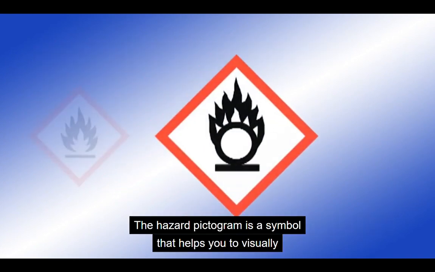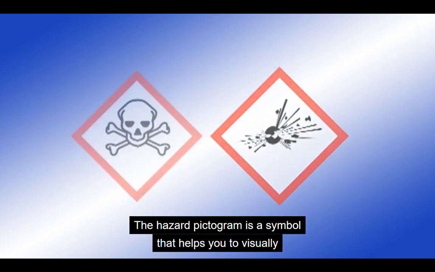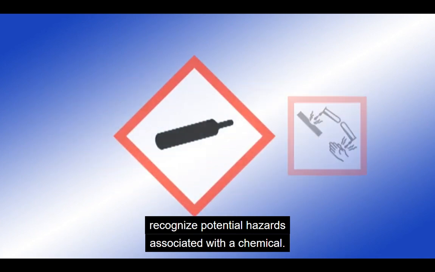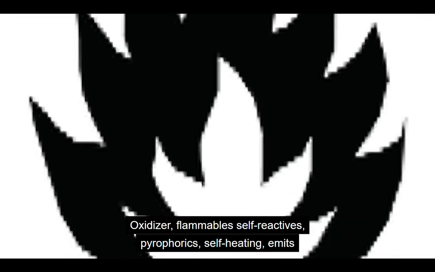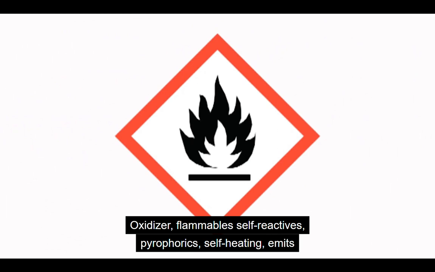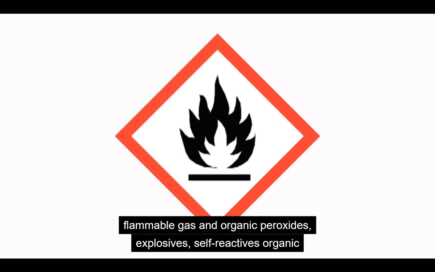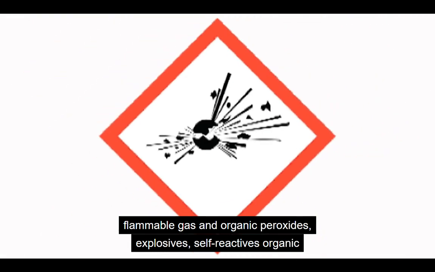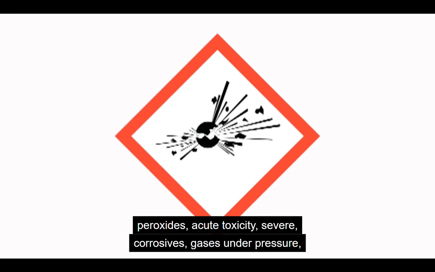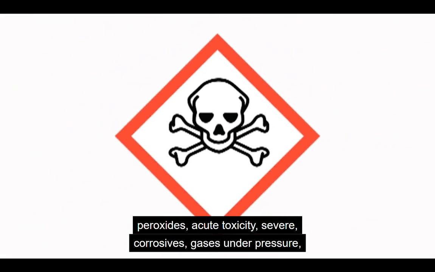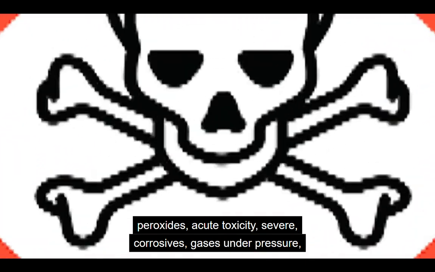The hazard pictogram is a symbol that helps you to visually recognize potential hazards associated with a chemical. Oxidizer, flammables, self-reactives, pyrophorics, self-heating, emits flammable gas, and organic peroxides. Explosives, self-reactives, organic peroxides. Acute toxicity, severe.